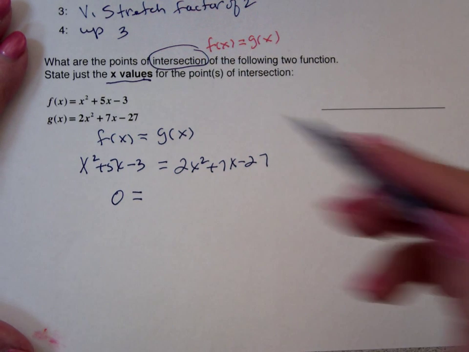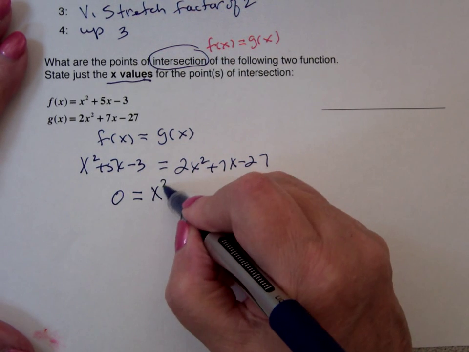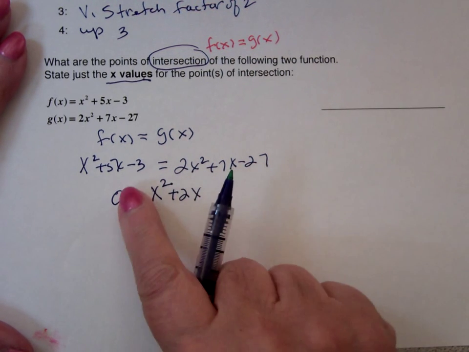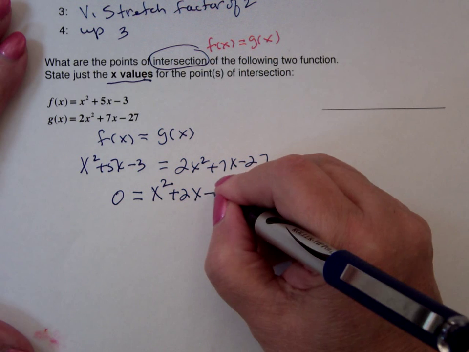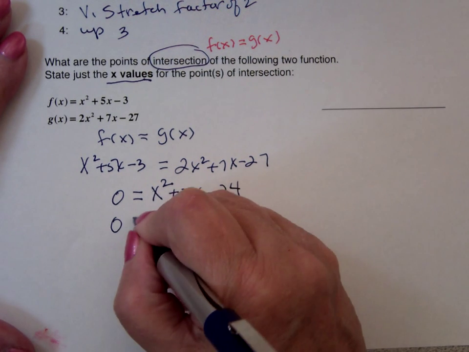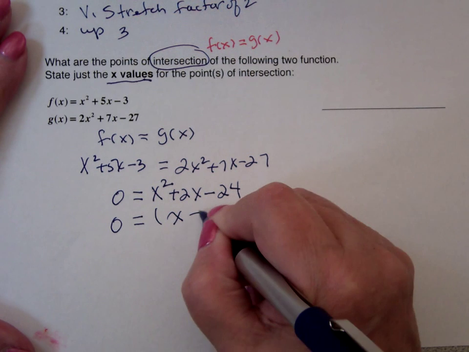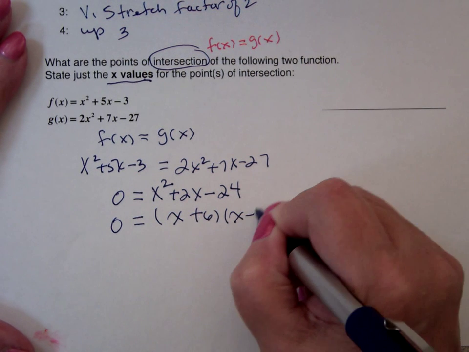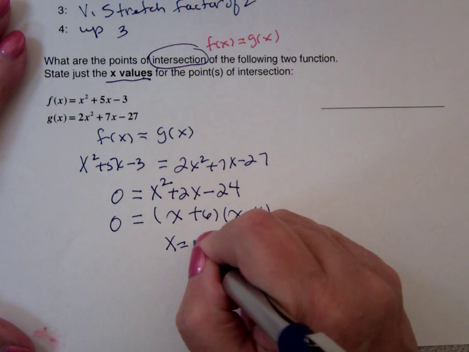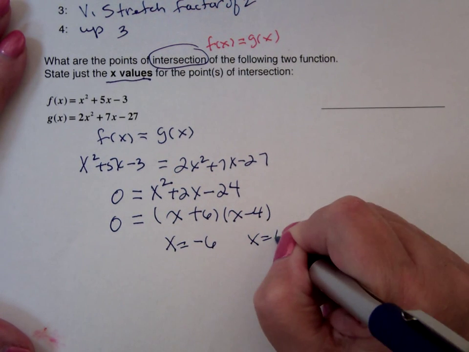So we'll make it a positive x squared. So it's x squared, subtract 5, plus 2x, add 3, minus 24 equals 0. This factors into x plus 6, x minus 4. So this gives me that x is negative 6, x is positive 4.